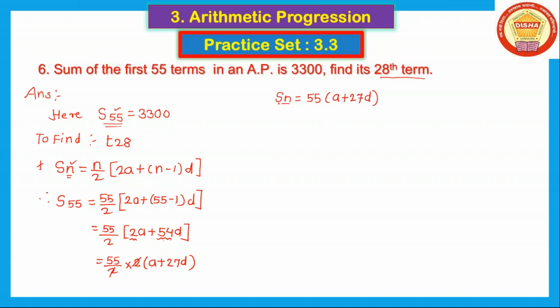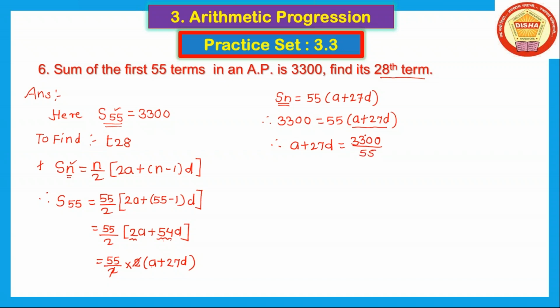Okay. Then see the value of Sn is given in question, that is S55. That S55 is given here 3300. So we take this value 3300 is equal to 55 in bracket a plus 27d. Then we find the value of this a plus 27d as a plus 27d is equal to 3300 upon 55.